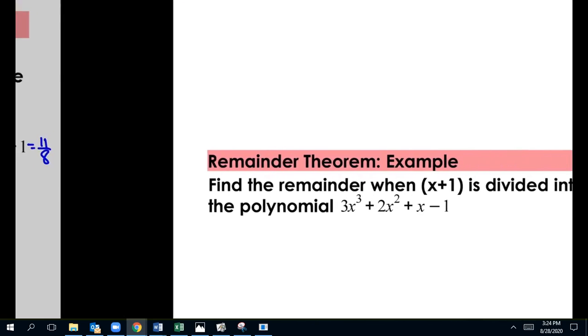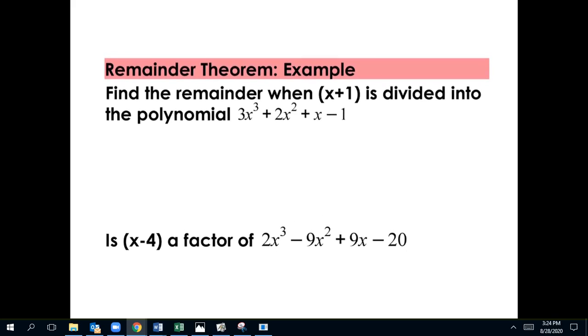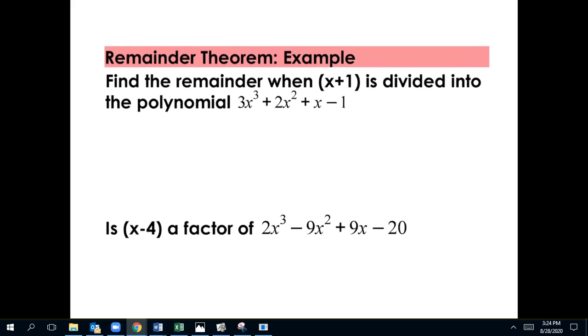Here are our last 2 examples just to close it out. Why don't you pause it, give them a try, and then you can unpause and check the solutions or follow along as I go through them, but I would like for you to try it first. So first thing we do, set this equal to 0, x equals -1.